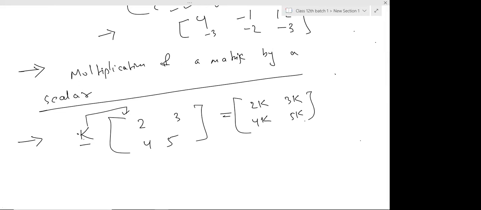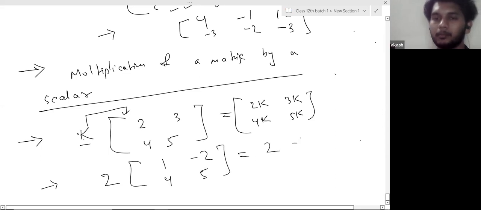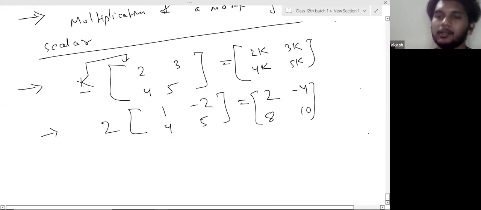If the value of k here is 2, suppose, and the matrix is this, it will become 2, minus 4, 8, and 10. All the elements will be multiplied by the scalar. Write it down in language also.